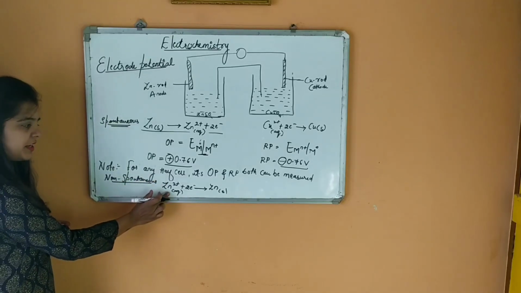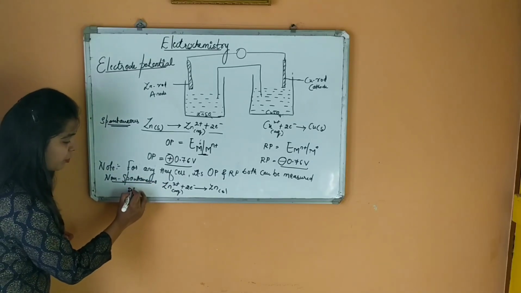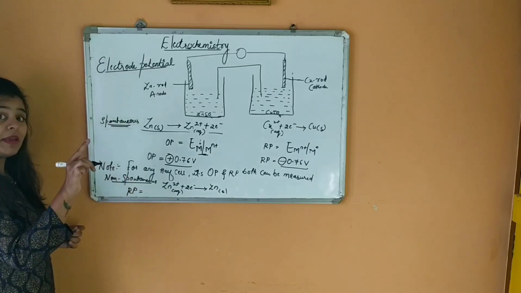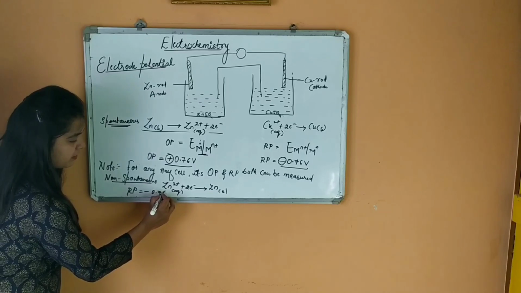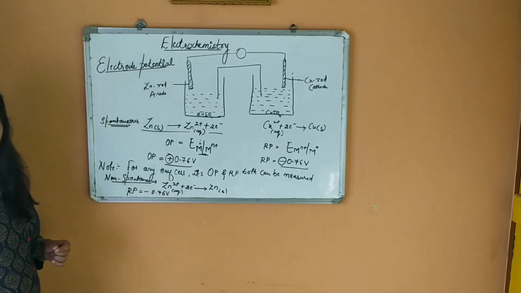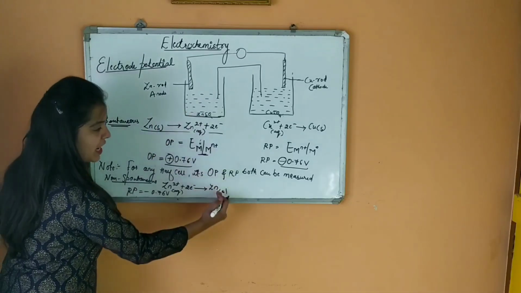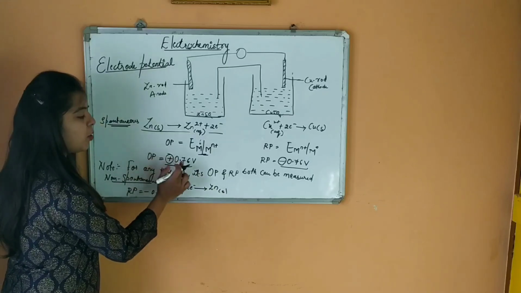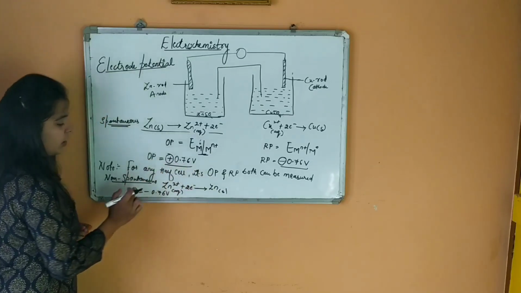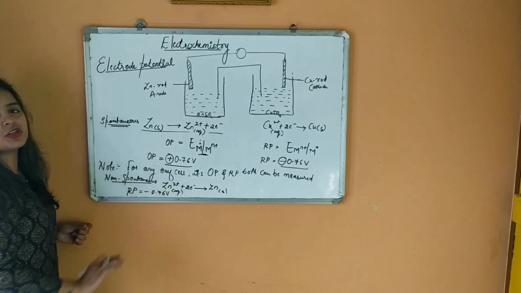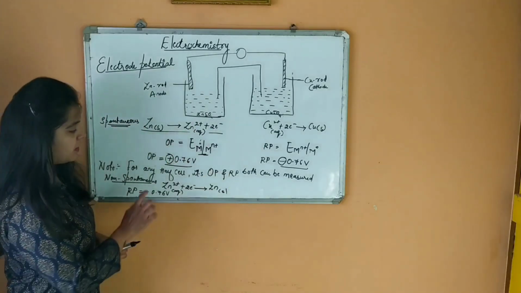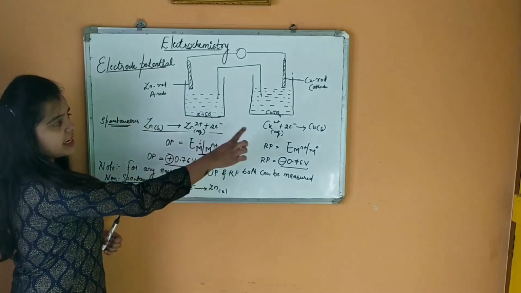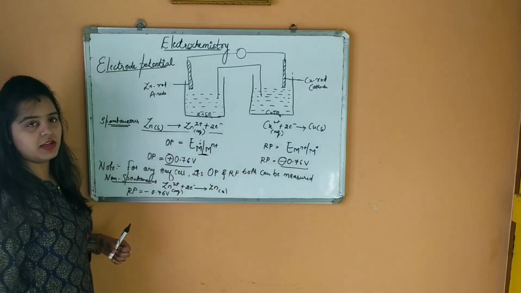And for this reaction, reduction potential also can be calculated, but with a reverse sign. Are you following? So for this half cell, you can calculate oxidation potential also. You can calculate the reduction potential also. Similarly, this side, you just copy this. I will erase and explain only the reduction half cell now.